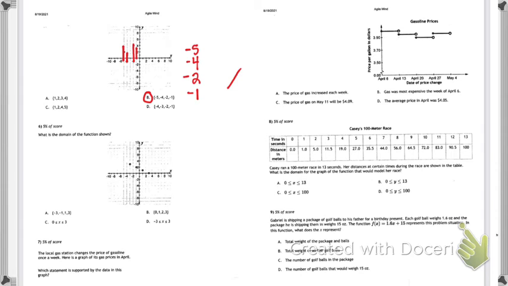All right, on number 6, we are looking again at the domain. So the domain starts at negative 3. I have one at negative 1. I have another one at 1. And another one at 3.